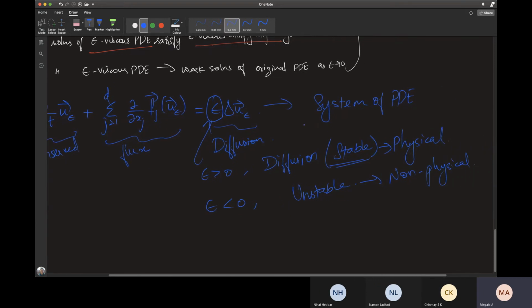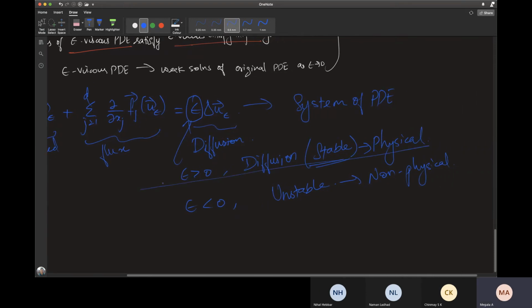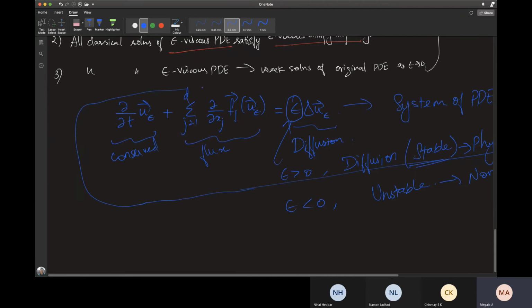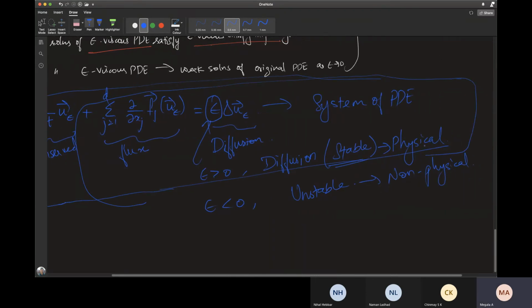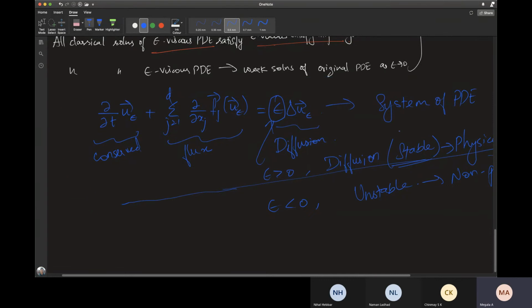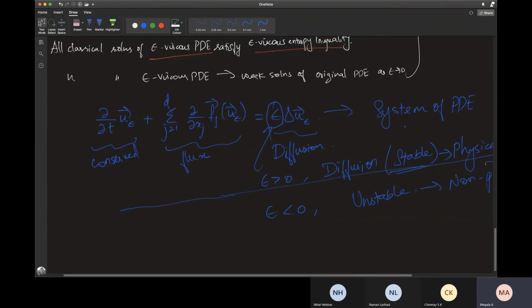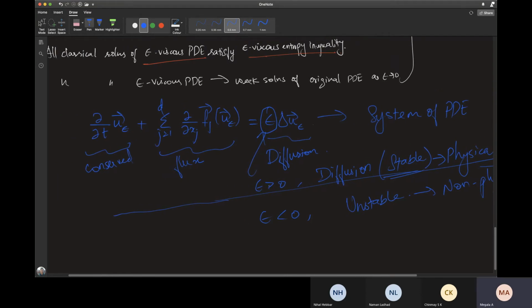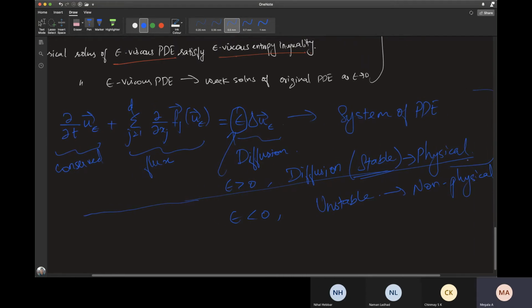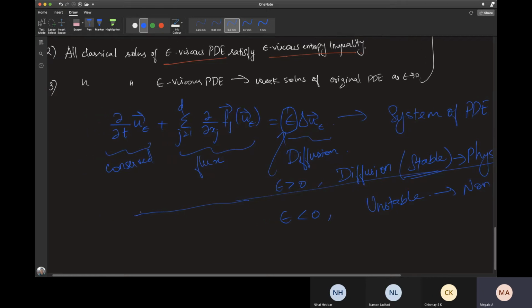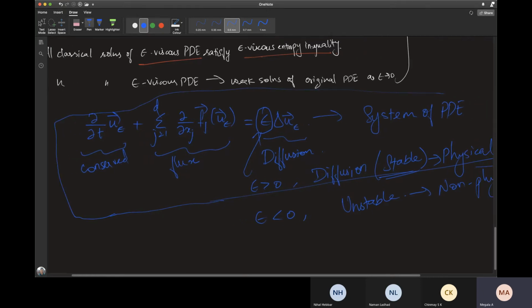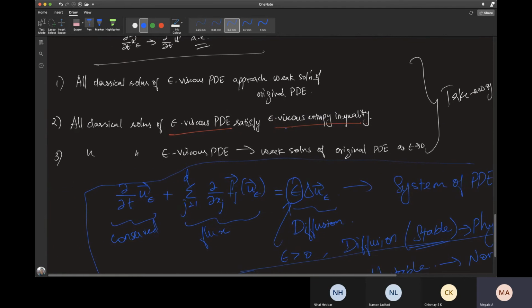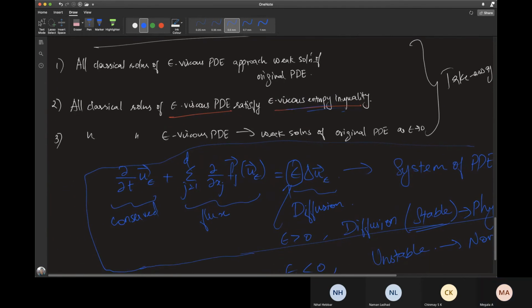So because this is physical, we consider this part of the system. And what we are trying to do is to get the physically relevant solutions out of the weak solution. So we only construct when epsilon is greater than 0, where things are physical. So any solution that is physical will satisfy the epsilon viscous entropy inequality. So all classical solutions of the epsilon viscous PDE satisfy the epsilon viscous entropy inequality.